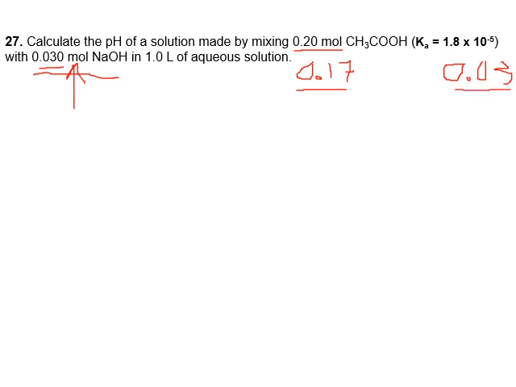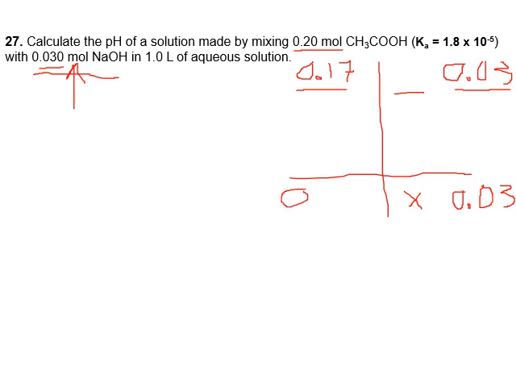So down at the bottom, you're going to have X here, 0.03 here, plus X, so 0.03 plus X, but we're going to disregard the plus X. And this is going to be 0.17 minus X, which we, again, will disregard the X. And so what are we going to end up with here?